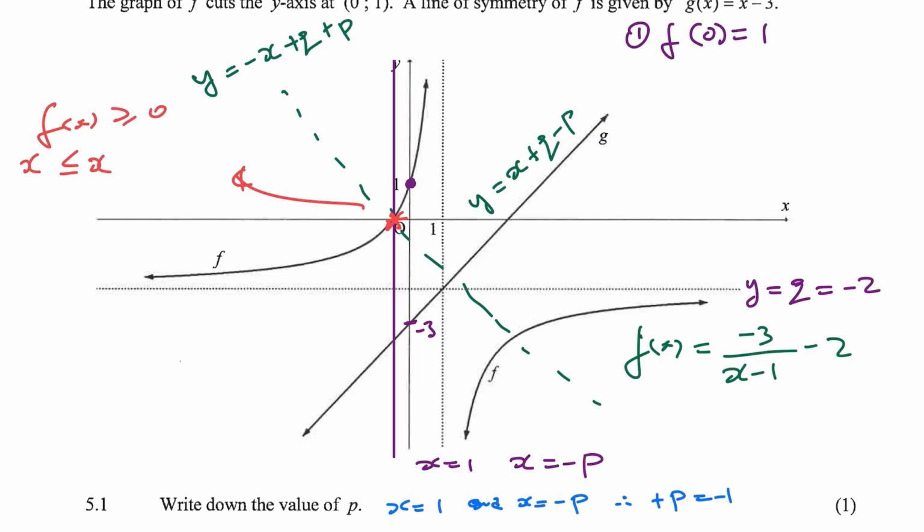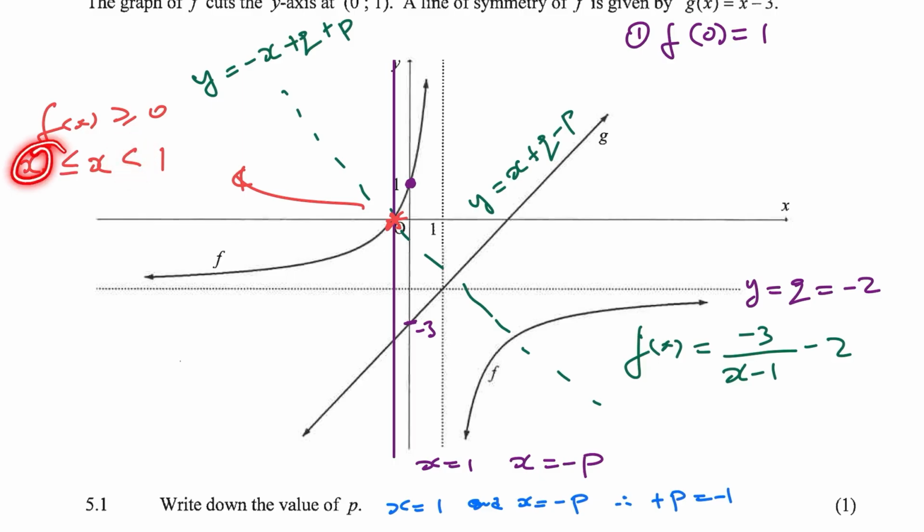Let's call it x1, and less than 1. Remember this is 1 at this point, and it's a vertical asymptote, so it doesn't touch it. It's always going to be approaching the vertical asymptote. So that's why it's less than, not equal to, because it's not going to touch it.